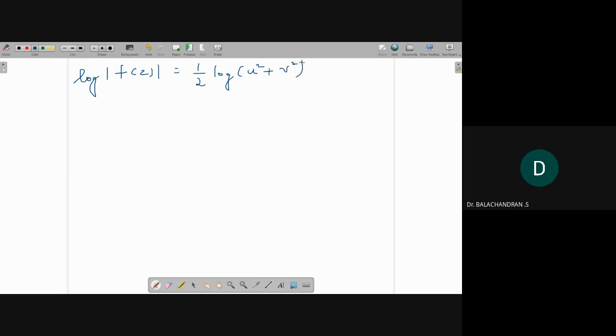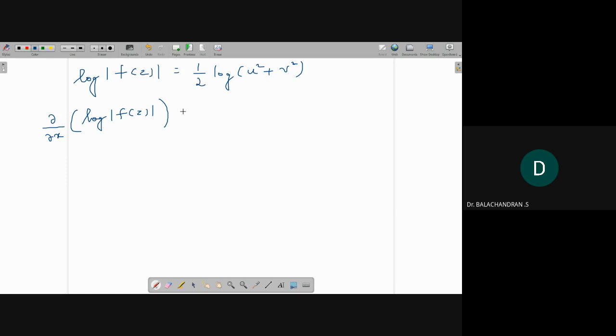Okay. So now first differentiate this equation with respect to x partially. So dou by dou x of log of mod f of z.